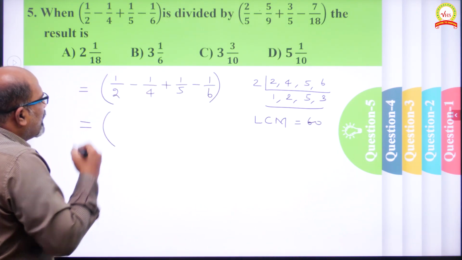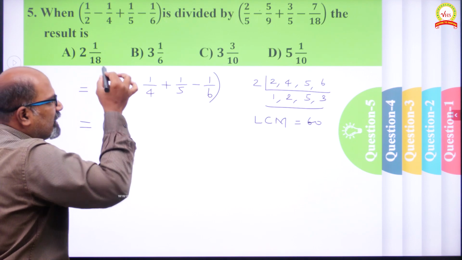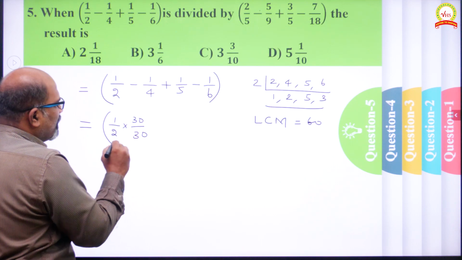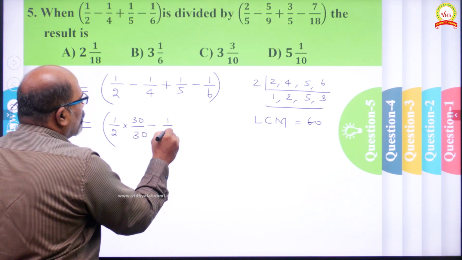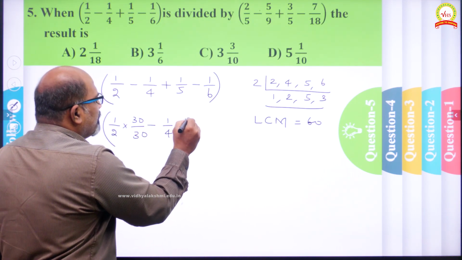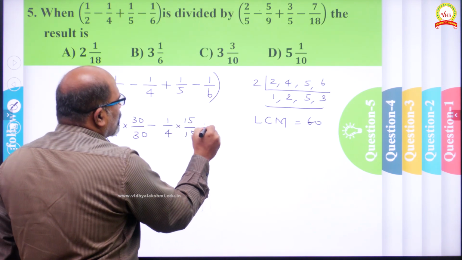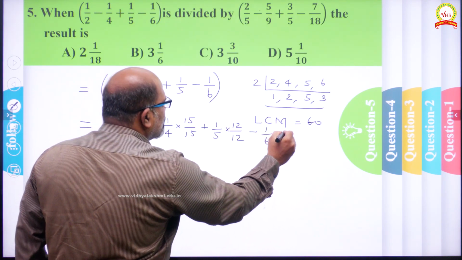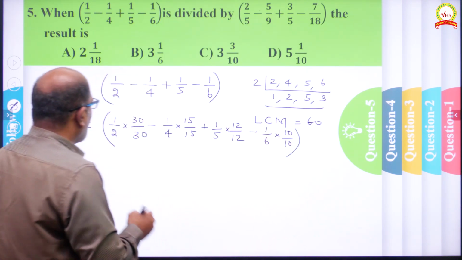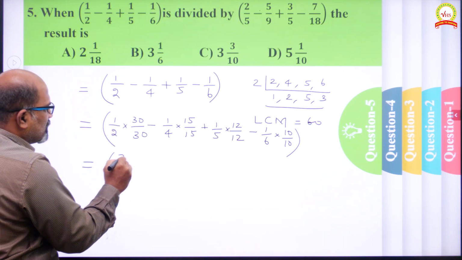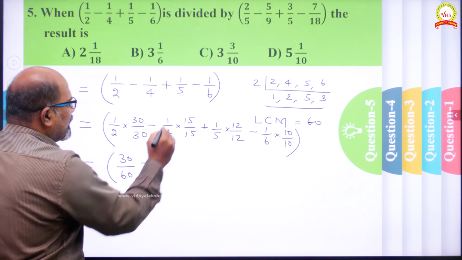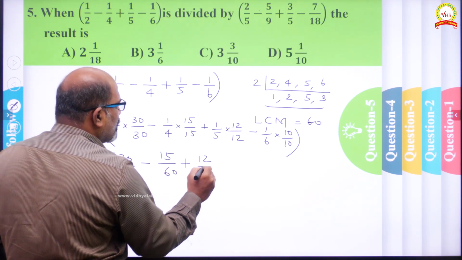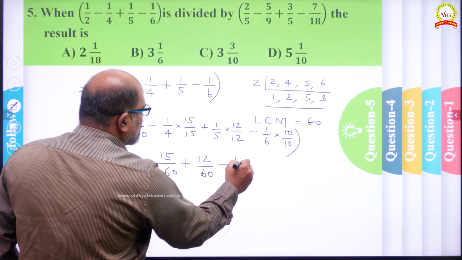So for that I want to make adjustments inside these rational numbers. So 1 by 2 into 30 by 30, then only I will get 60, minus 1 by 4 into 15 by 15, plus 1 by 5 into 12 by 12, minus 1 by 6 into 10 by 10. Then on simplification, 30 ones are 30, 30 by 60, minus 15 ones are 15, 15 by 60, plus 12 ones are 12, 12 by 60, minus 10 by 60.